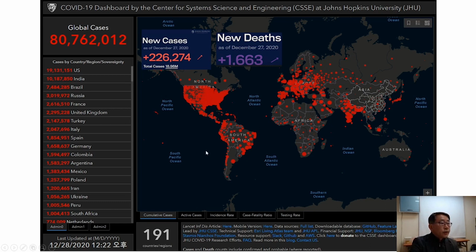If you restrict the diagnosis and death toll to the United States, more than 200,000 people are diagnosed with COVID-19 daily, and more than 1,600 people lose their lives every day. It's too much pain.